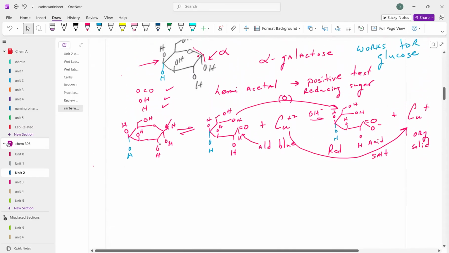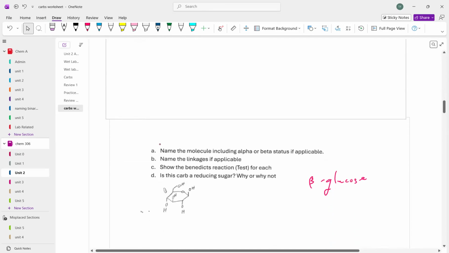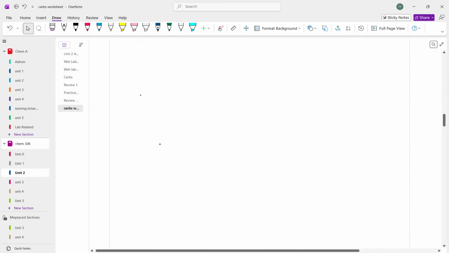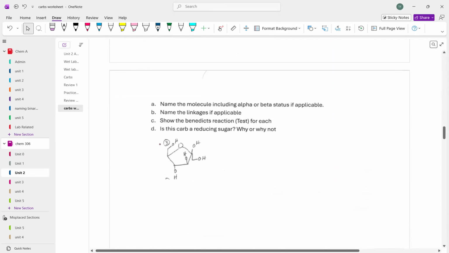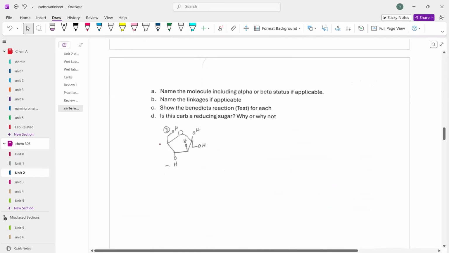All these are the same with glucose, only with the blue change. Okay, so this is fructose. Let's look at fructose now.